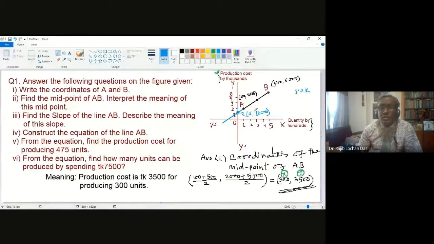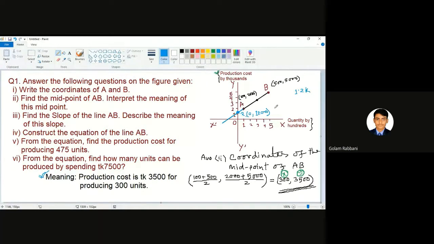What do you understand by this point? What will be the meaning of this point? Sir, production cost is 1200 taka for producing 0 units.